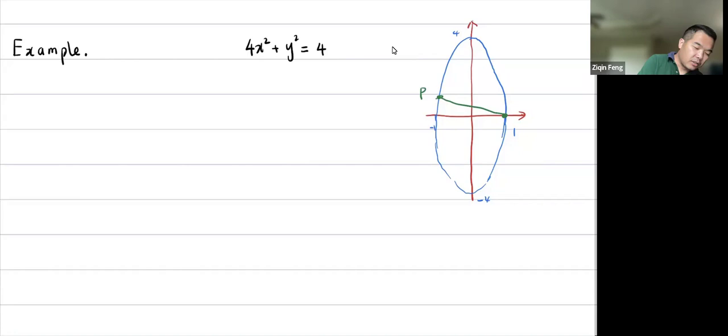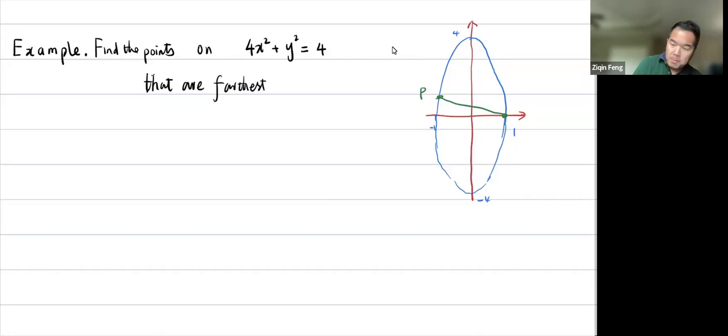So in other words, basically we are looking to find the points on the ellipse that are farthest away from (1, 0).